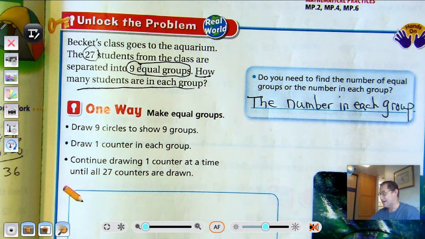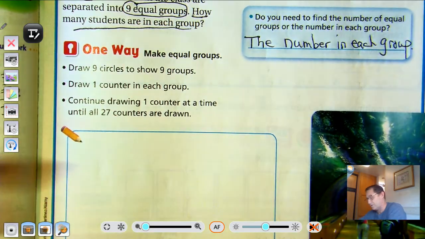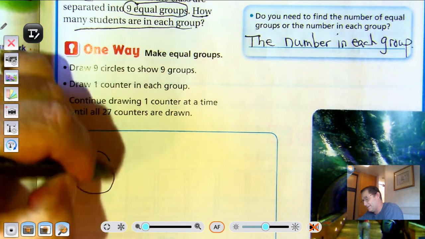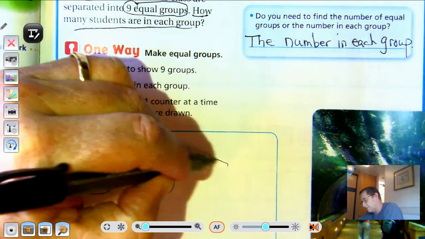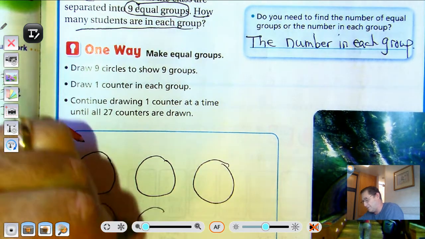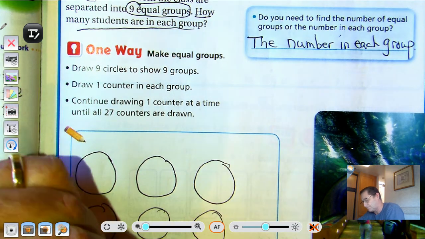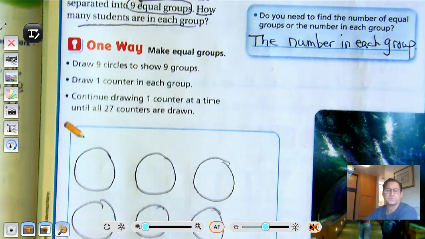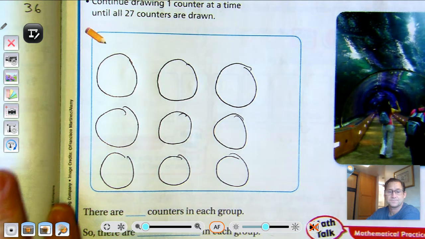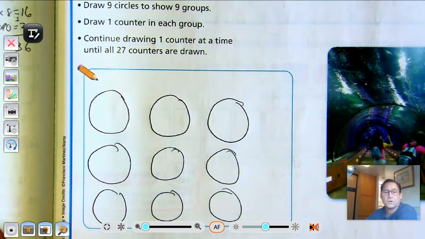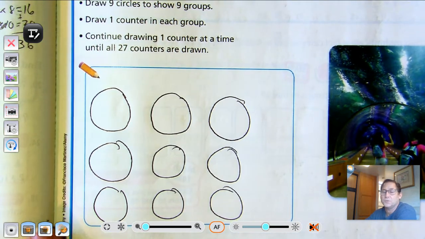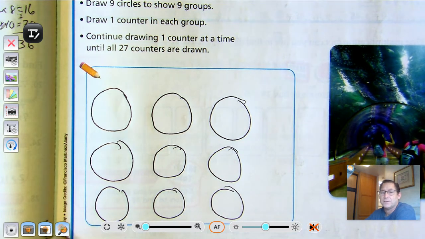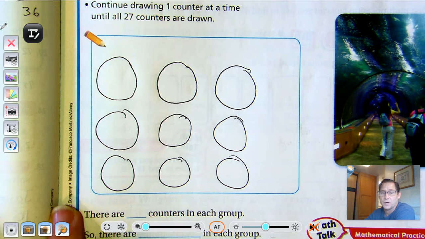Well, we know that there's 9 groups, so the first step would be to make 9 circles to show our 9 groups. All right, so there's our 9 groups, and then we're going to put one counter in each group. And then we're going to continue drawing one counter at a time until all 27 counters are drawn.